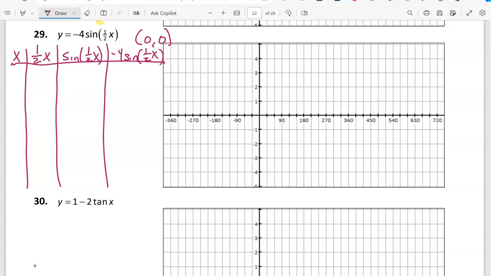Our input and output columns for the sine are the second and third, 1/2 x and the sine of it. So 0, 90, 180, 270, 360. And the sine values are 0, 1, 0, negative 1, and 0. We'll multiply each by negative 4.